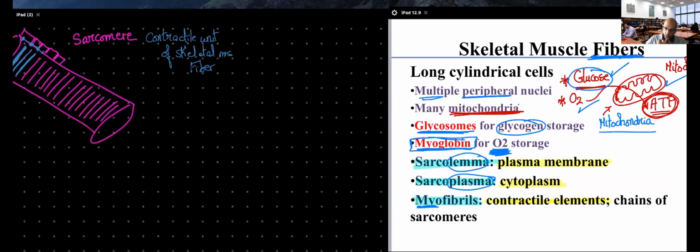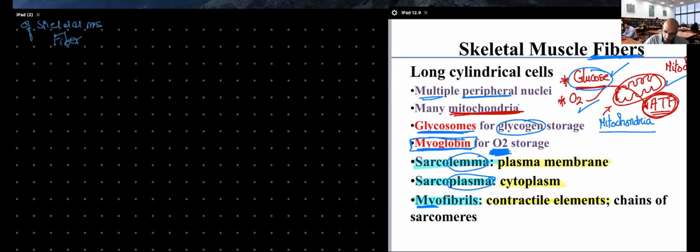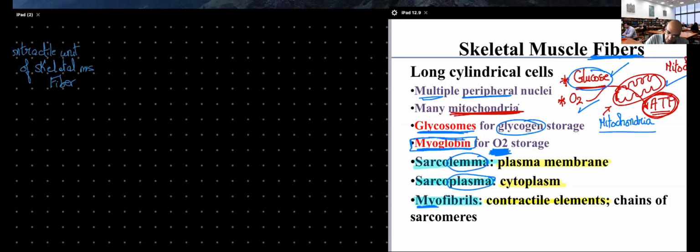So what is the internal structure of this sarcomere? Each sarcomere is going to be formed of alternating thick and thin filaments.